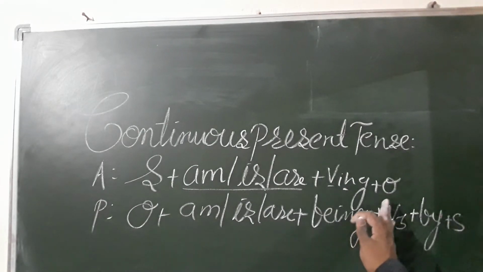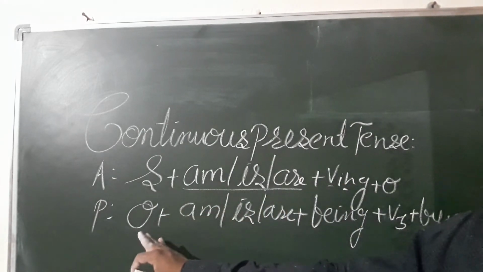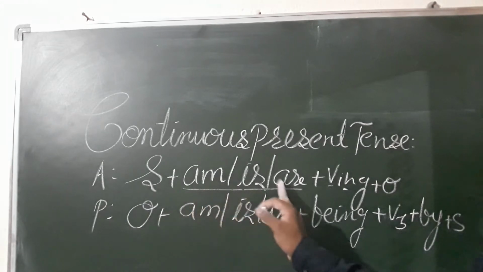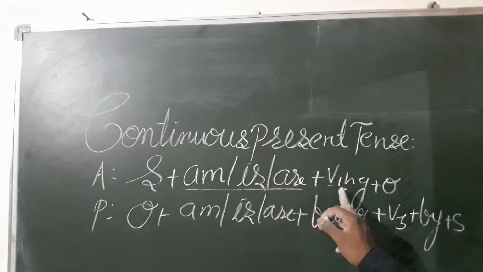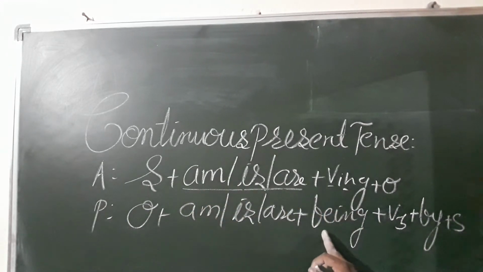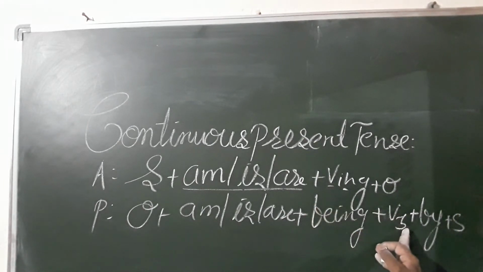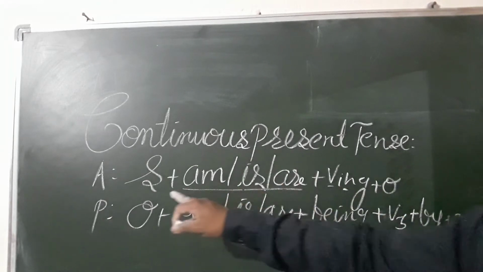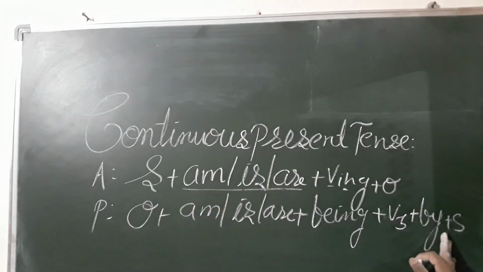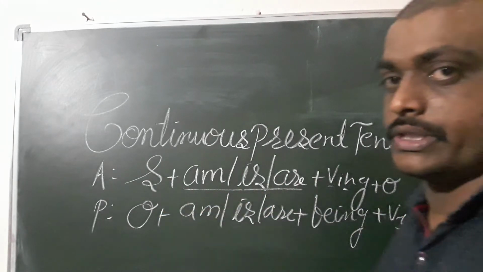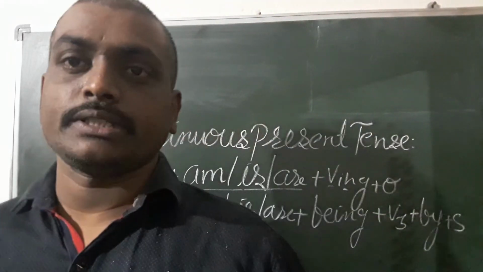We have shifted this object from here to here, then we have taken am, is, are as a helping verb, then this ing form changed into the being form, be-ing, being. This V1 changed into the V3 form. After that, by is not always necessary in English, but if the agent of an action, meaning the subject, is there, at that time we can use by and subject like this. This is the continuous present tense structure.